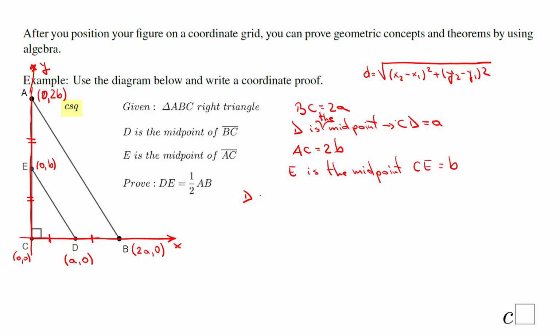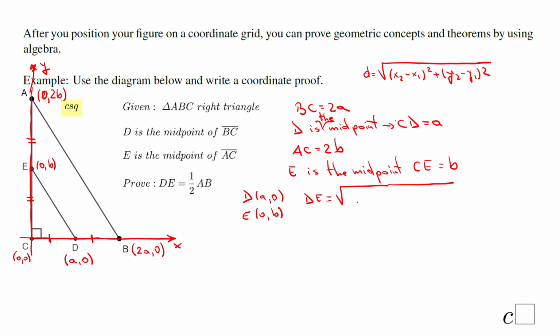The point D is at A and 0, and point E is at 0 and B. So using the distance formula, the length of DE will be the square root of what?